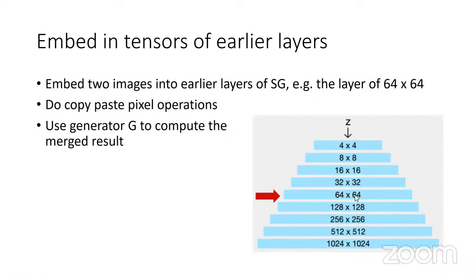We can take two images, embed them both as 64 by 64 tensors into the GAN, do pixel copying at this part, and then use the generator to generate back the 1024 image. The idea is that the generator will do an intelligent combination of the pixel copying that created some ugly boundaries, and we hope that the other layers of the generator go back and fix it.